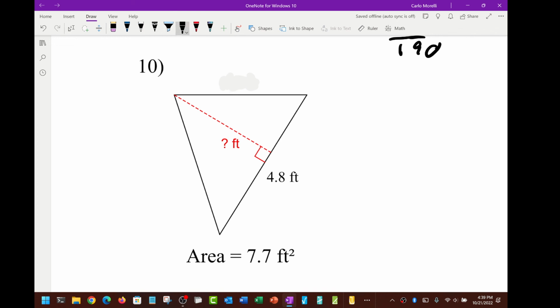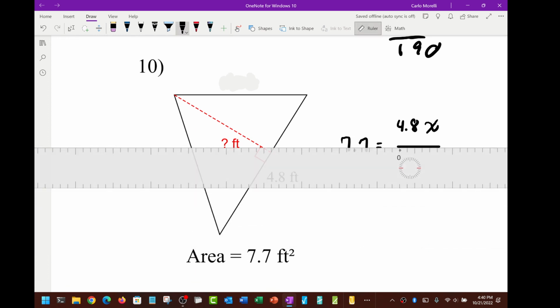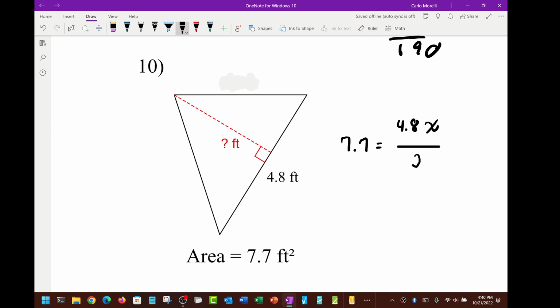So what have we got here? We've got 7.7 equals 4.8 times something divided by 2. And just like before, because 4 and 8 are such obvious multiples of 2, we can just divide 4.8 by 2 in our heads.